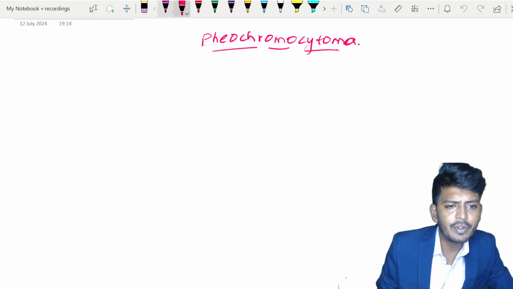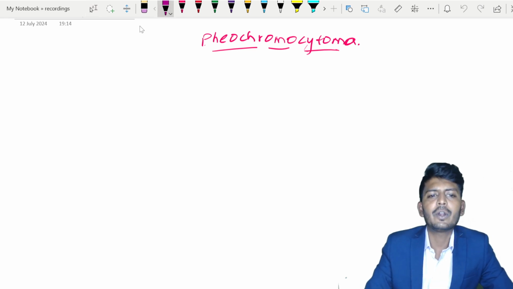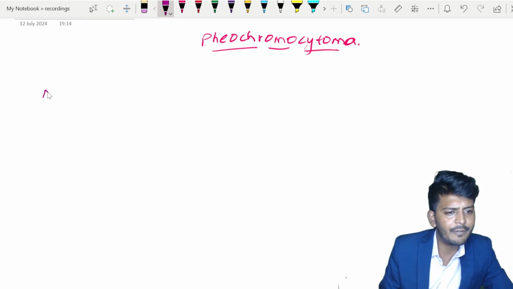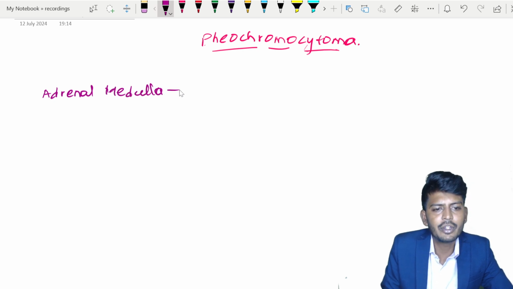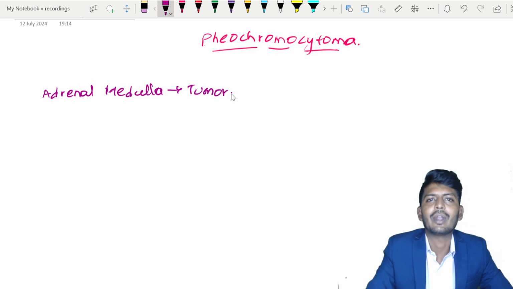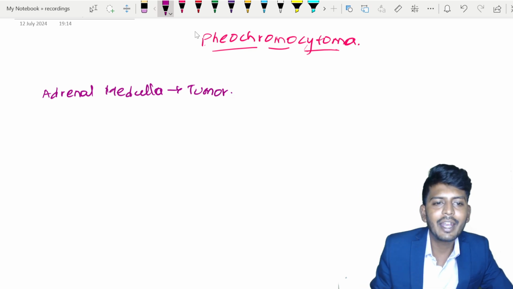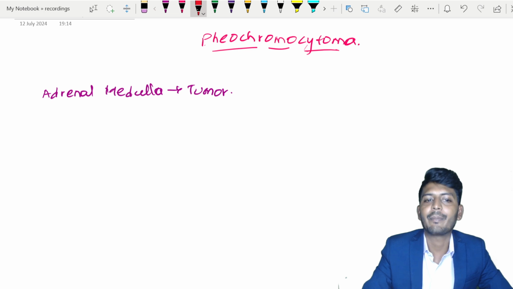Now what is pheochromocytoma? When we speak of pheochromocytoma, what is the first thing? It is a tumor of the adrenal medulla. Now the most important thing: adrenal medulla is made out of which type of cell?